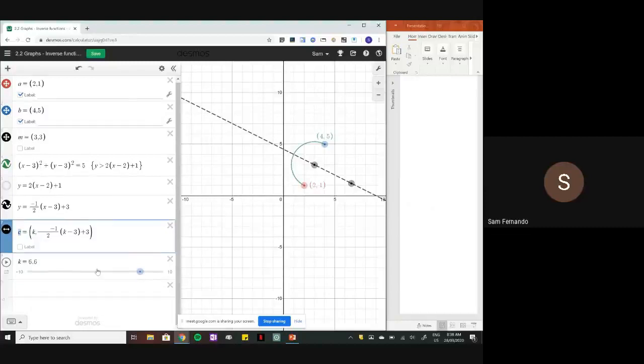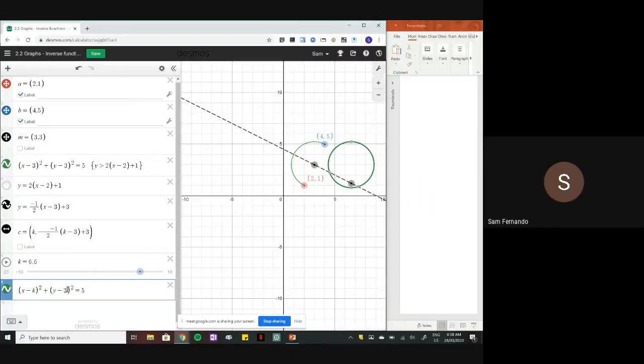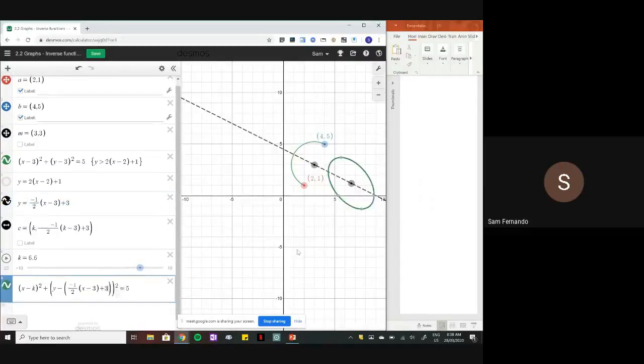So what I can do is make a, let's just grab this here. So instead of shifted 3, I want it to be shifted by K. And the Y value, instead of being shifted by 3, we want it to be shifted by, okay, so we've got our circle.